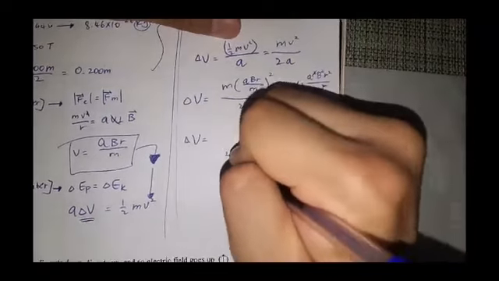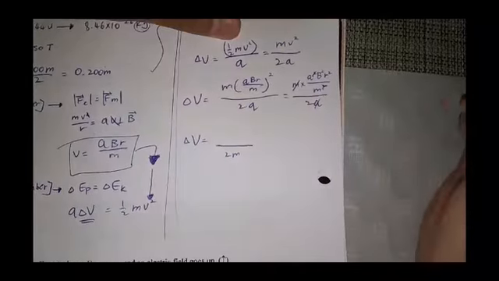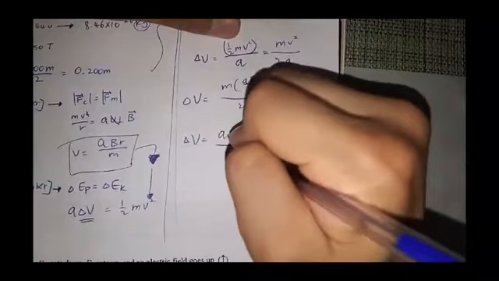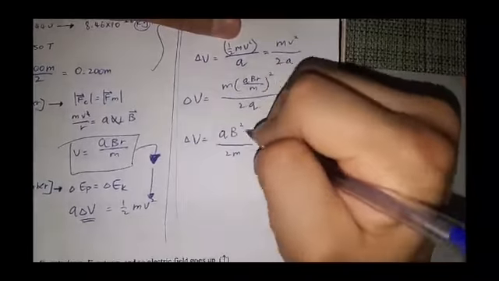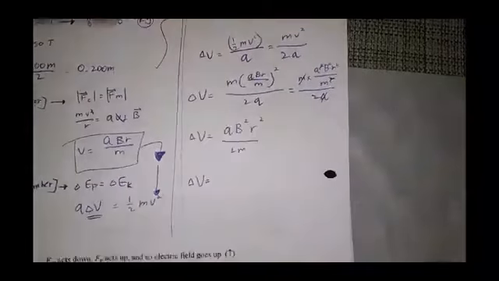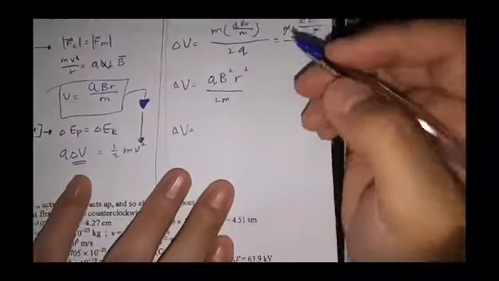So 2m is located at the bottom, and you have qB squared r squared on the top. Now I can punch everything in, making your life a little bit easier.